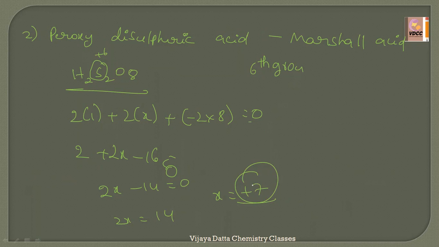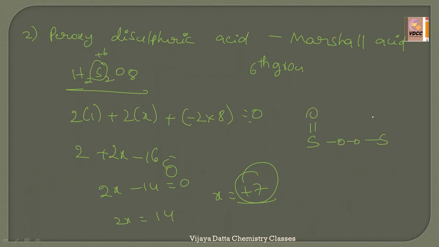So here it is clear that not all oxygens are in oxide linkage, some are in peroxide linkage. If you write the H2S2O8 structure, you will understand easily. See here, two sulfurs are there, and each sulfur should have 6 bonds. So two oxygens I am taking as peroxide linkage between the sulfurs.